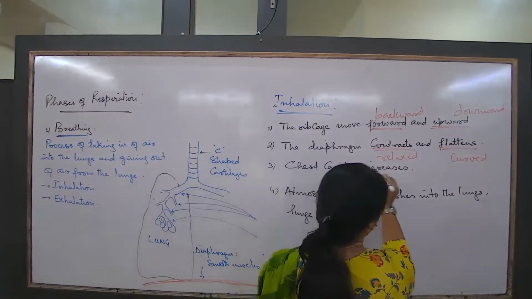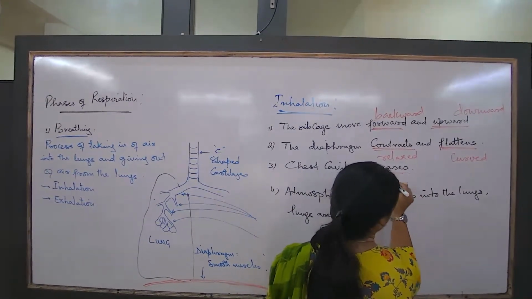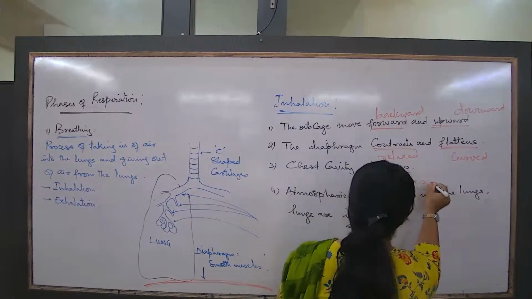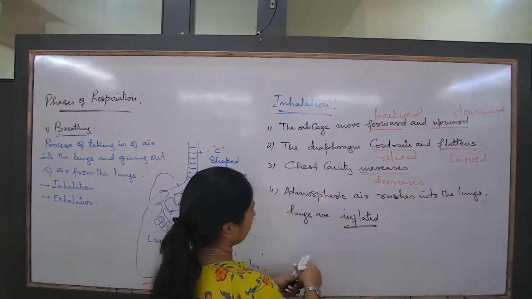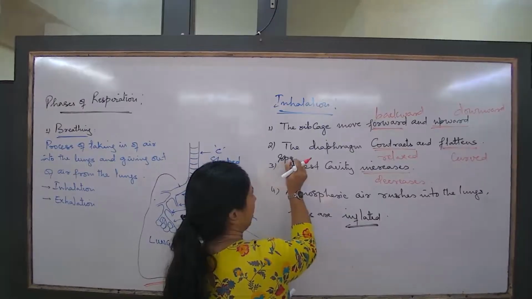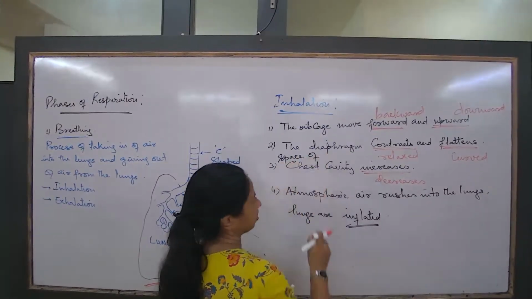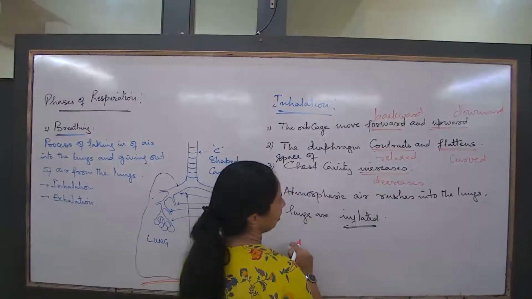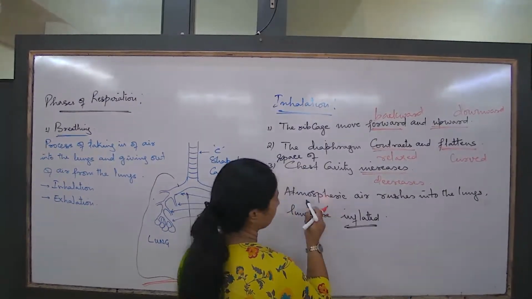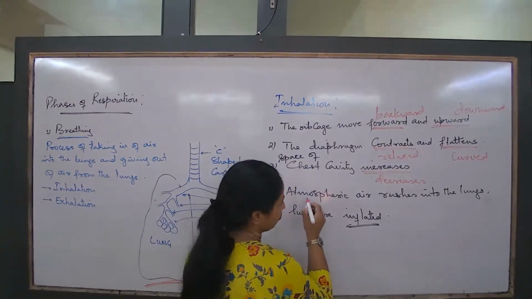Chest cavity is not increased, now it decreases. The space is decreasing. I'm sorry, just add one word here: space of the chest cavity. The space of the chest cavity decreases, and it is not atmospheric air.